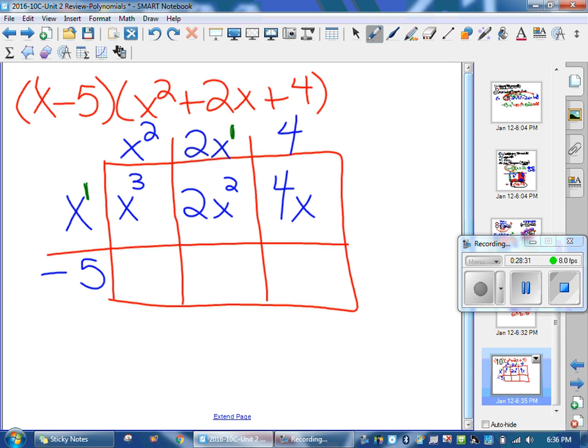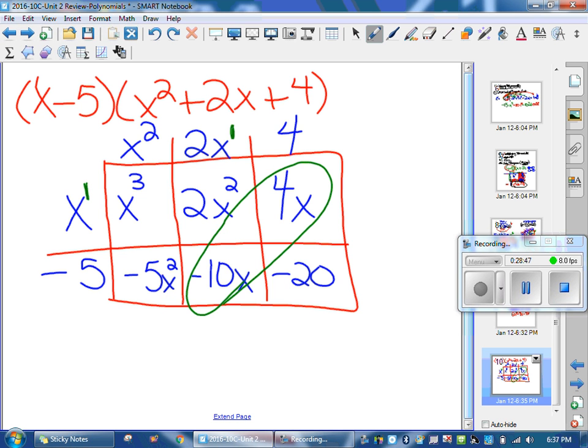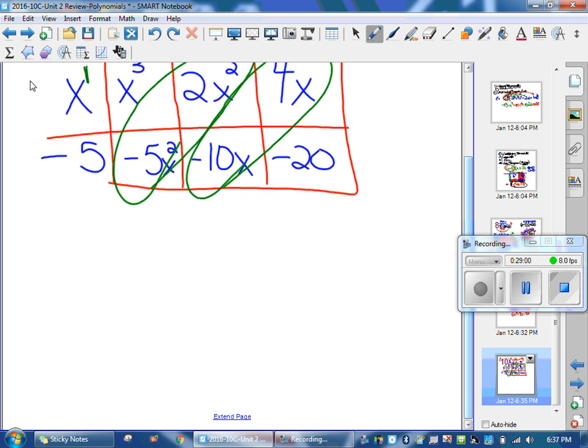Again, once I've filled in my area box, I'm looking for like terms. So I circle my like terms that are diagonal, and I add them together. And again, when you're adding like terms, you're only adding coefficients. You don't add the variables. So my final answer is going to be x cubed, negative 3x squared, negative 6x, minus 20.